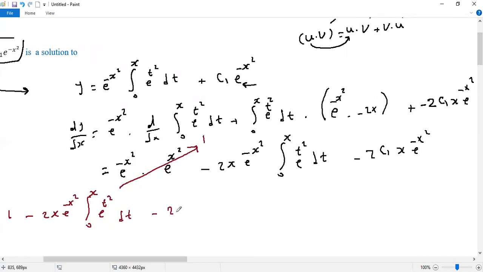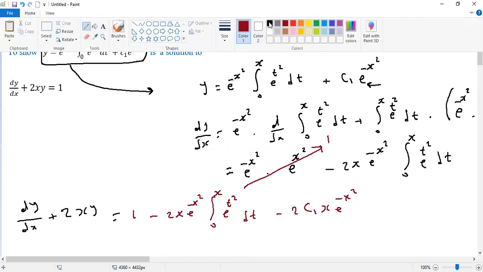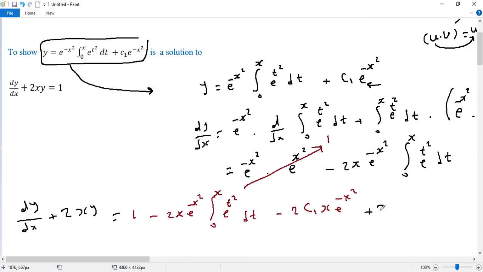minus 2c1x e to the minus x squared. This is the dy/dx, plus 2xy. What is the y? This is the y.